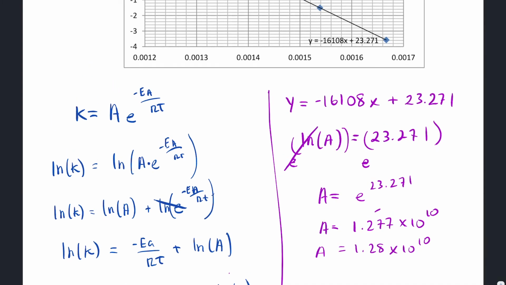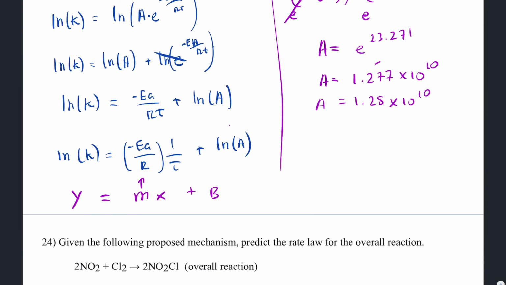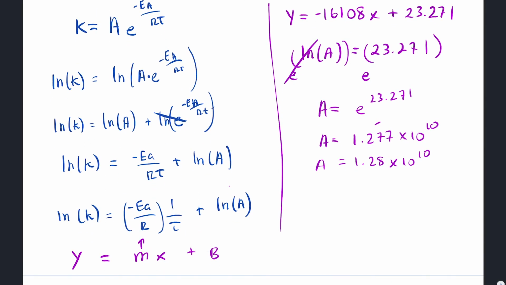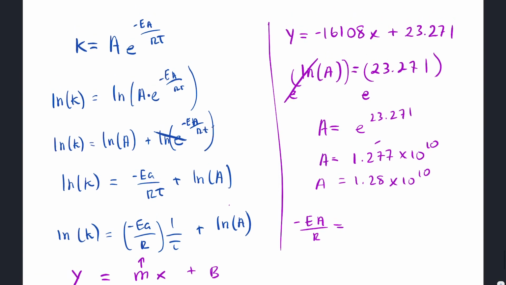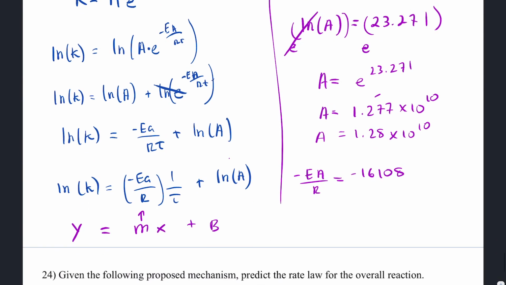Now we need to do the same thing for the activation energy, which we said was EA over R. In the equation above, that was 16108. So we're going to equate these two slopes to each other. That's negative EA over R equals negative 16108.